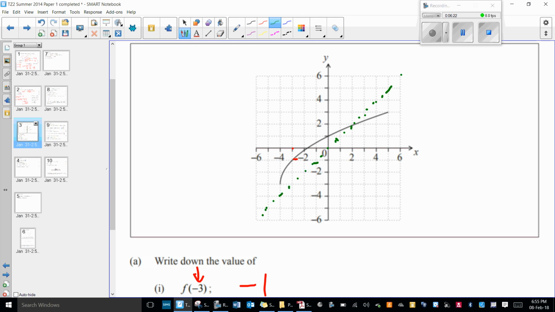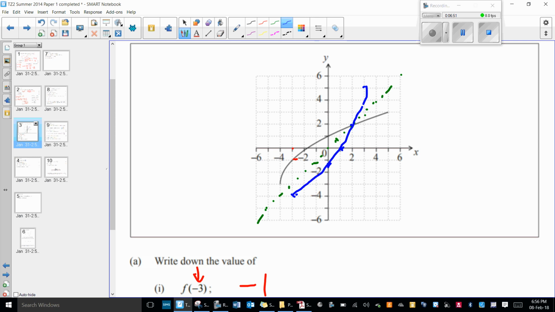And then we need to reflect this line. I know that point goes there, this point would be here, this would be about here, this would be here. It's a bit rubbish, but okay.